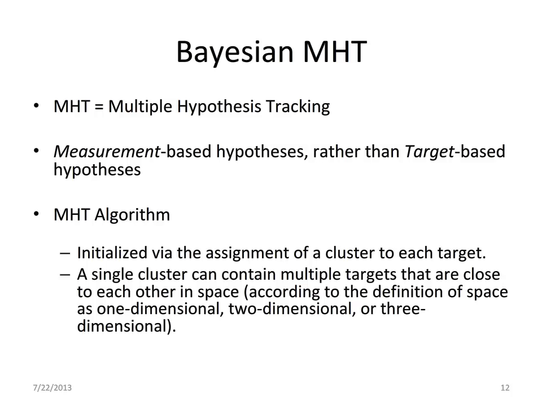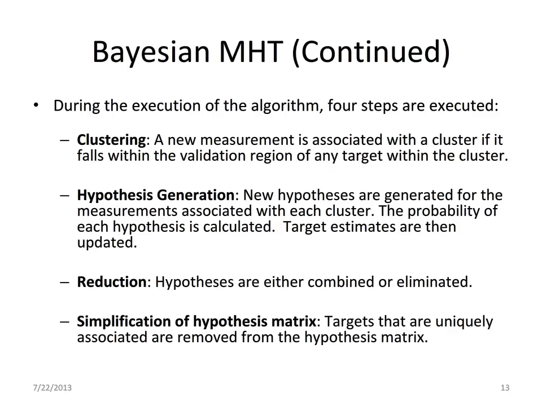I think the previous example I used is a circle of radius r where there's a 95% chance that a target would fall within that circle, the circular error probability. Hypothesis generation: new hypotheses are generated for the measurements associated with each cluster. The probability of each hypothesis is calculated. I mentioned the 95% CEP. That would be an example of one of those.